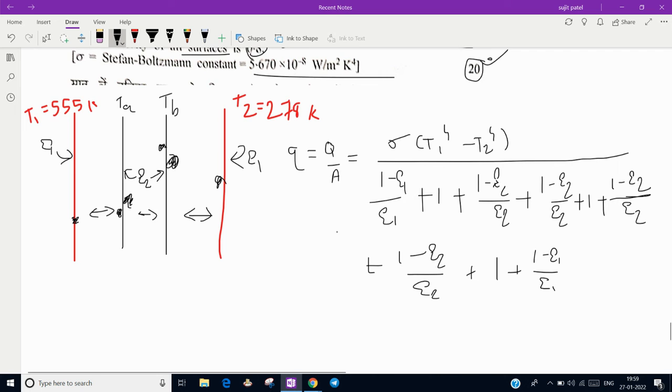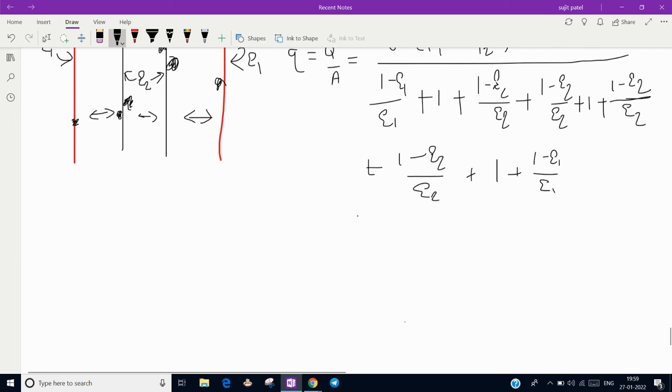When you simplify this, you will get some terms in epsilon 1 and epsilon 2, but in our case epsilon 1 is equal to epsilon 2 is equal to 0.8.